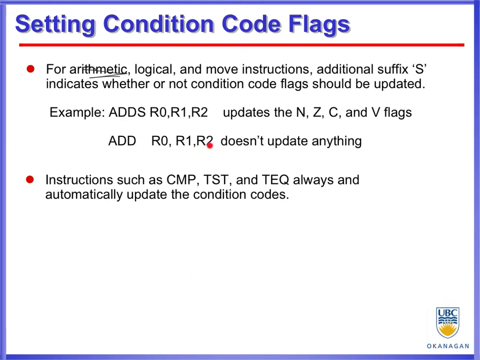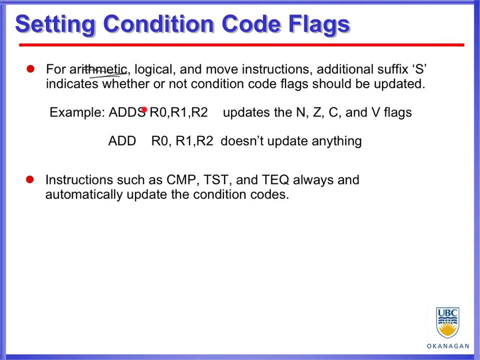This one won't update the Z bit to be equal to 1, but this one will. So it's not just compare, test, and TEQ, those instructions that will set the condition code flags, and then you can branch or do other conditional things after that. Any instruction can be forced to update those condition code flags based on what happens in the instruction.